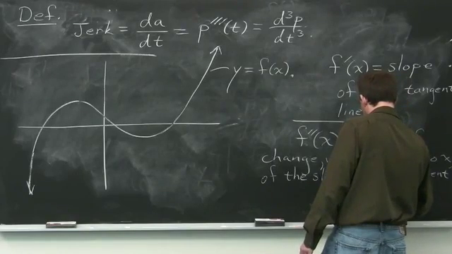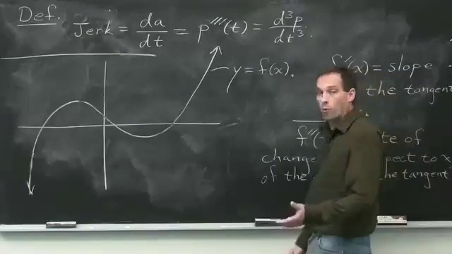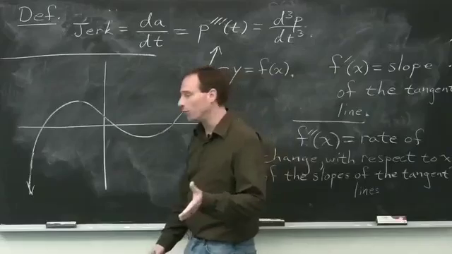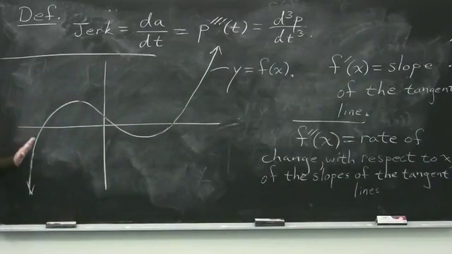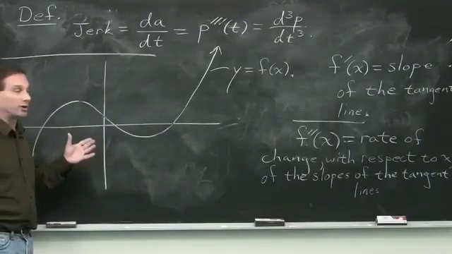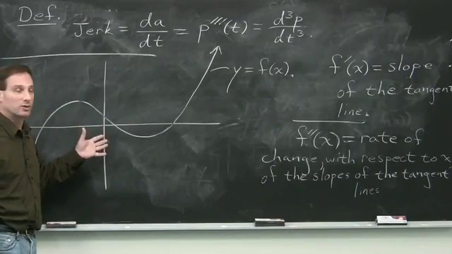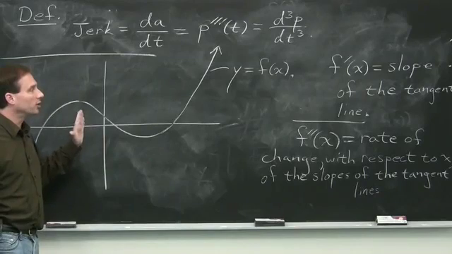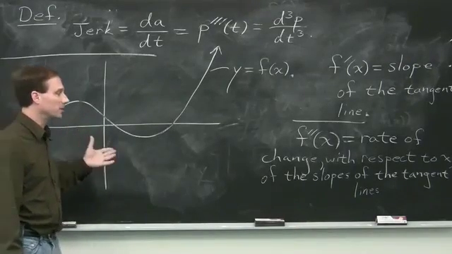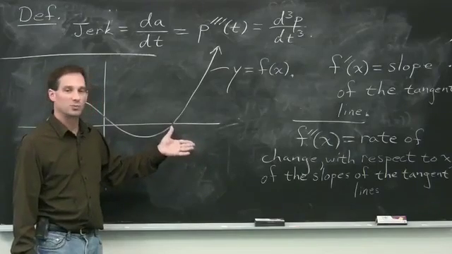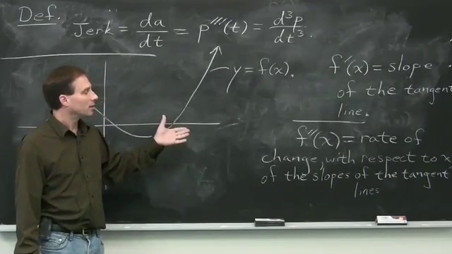All right. Can you see that on a graph? Well, we can see whether it's positive or negative on a graph pretty easily. So let's take this graph. I'm going to draw in some tangent lines, and then we're going to look at how their slopes are changing. We should be able to see where f double prime of x is positive and where it's negative.